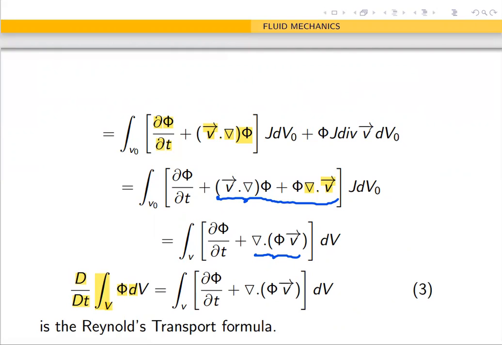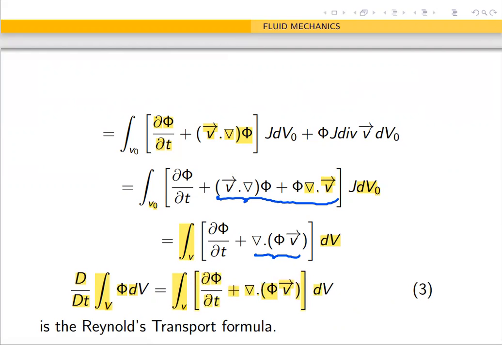Now watch, we had dV naught here, so we had the integral over V naught. Now J dV naught is nothing but dV, so we should have the corresponding integral also over V. Fine. So this is the LHS, equal to the integral over the volume V of the local time rate of change of φ, plus del dot φv, or divergence of φv, on the RHS.